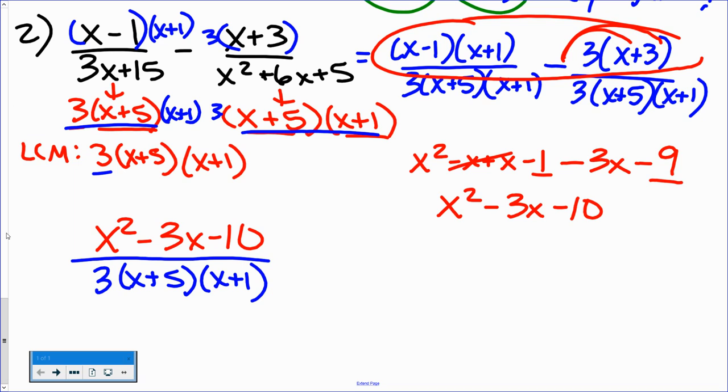Could I factor the top and simplify? So multiplying to 10 could be 2 and 5. And then we need a negative 5 and a positive 2.